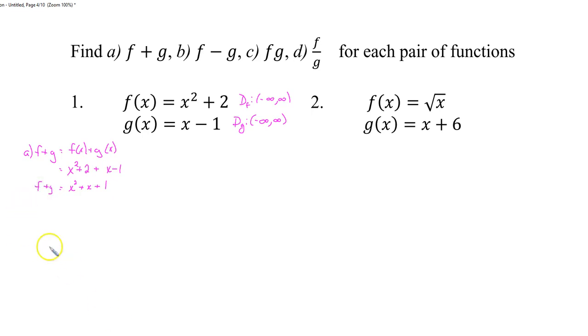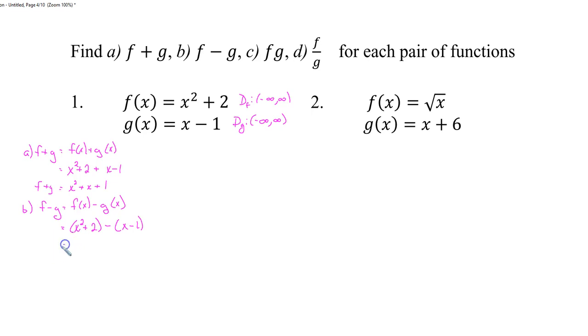Okay? So we'll move on to the second part of this, and that is to find f minus g of x. So we'll take our function f of x, and we will subtract from that the function g of x. Order is very important when we're talking about subtracting. So I am going to put these in parentheses because we are subtracting, so we just need to be a little bit more careful. x squared plus 2, and then minus x minus 1.